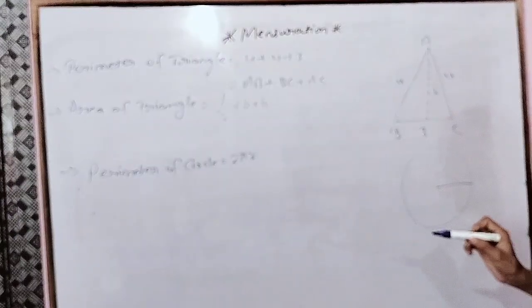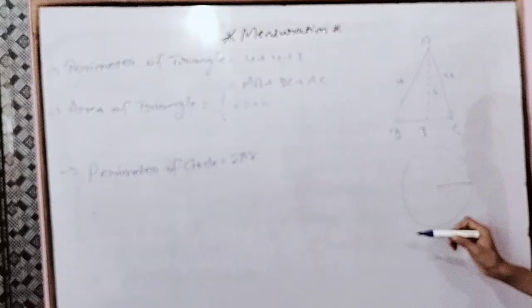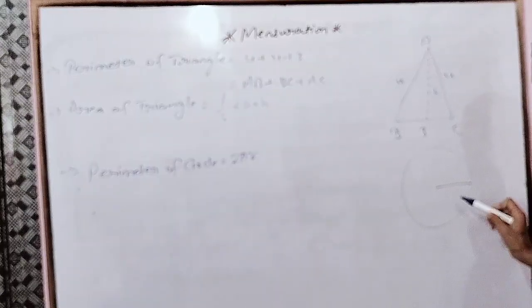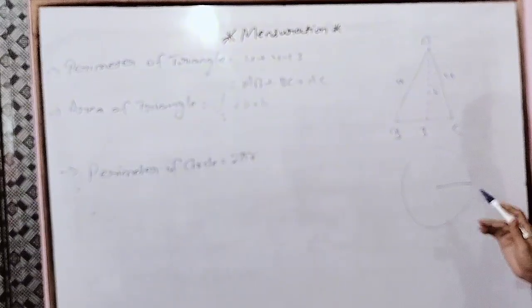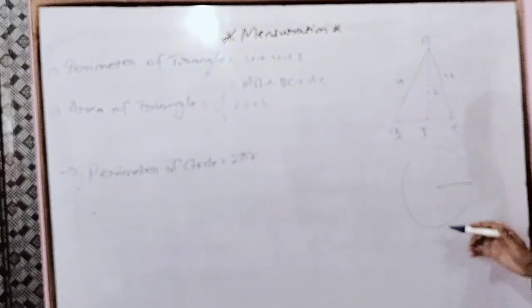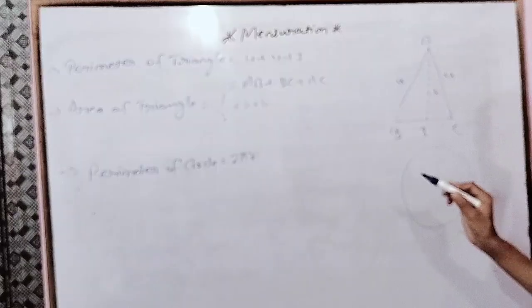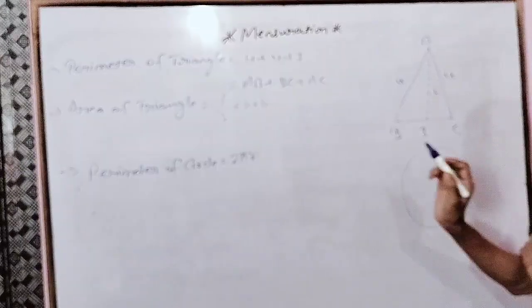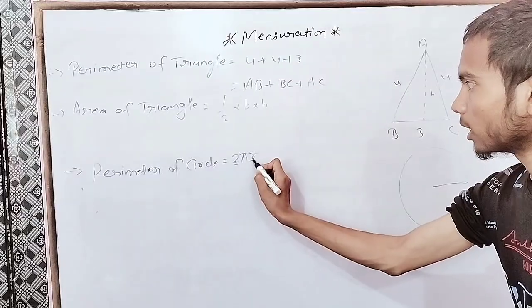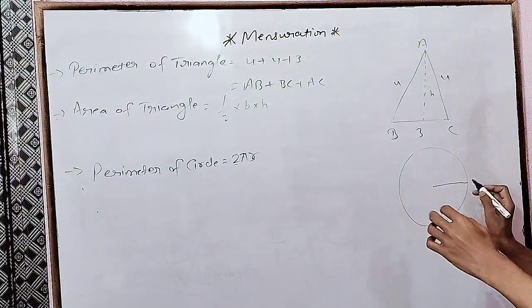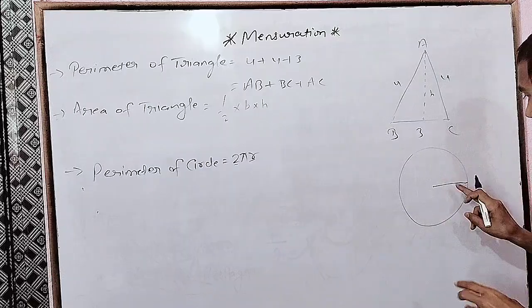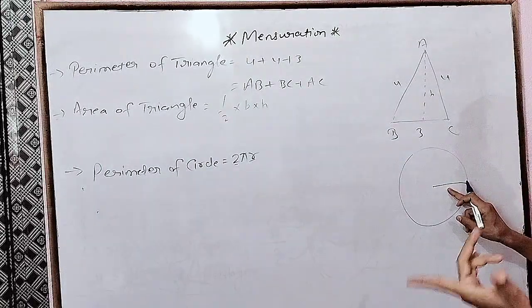Here we are talking about the perimeter of a circle, not the area of a circle. In the case of finding the area of a circle, we will take only one side. Here we have 2r. First of all, here we have two radii: first is initial and second is final.